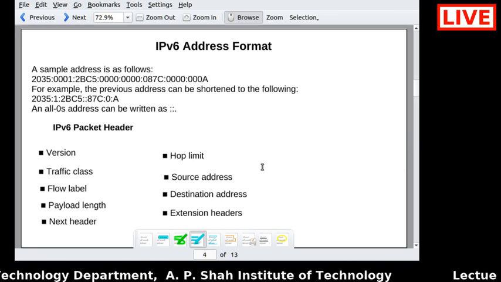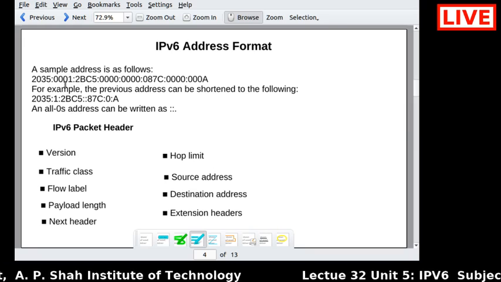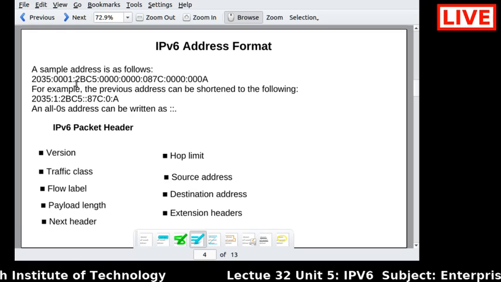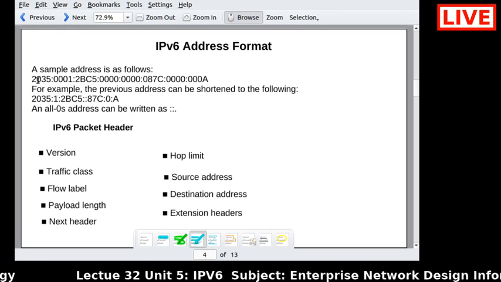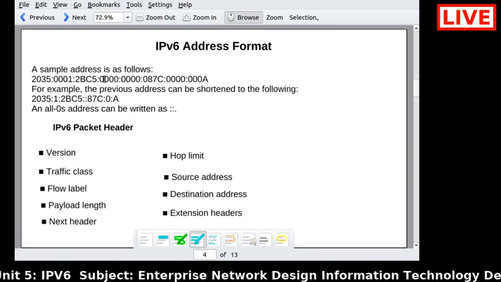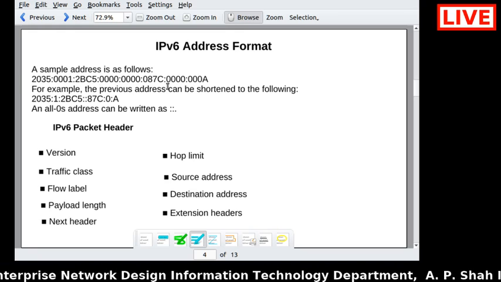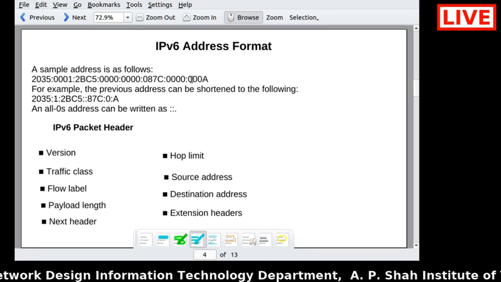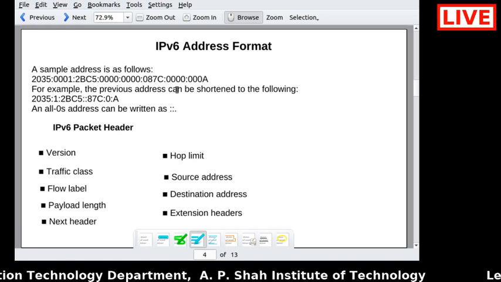If you see in this example, these are hexadecimal digits with colons in between some of the digits, so we can call it colon hex, and hex is for hexadecimal digits, right?